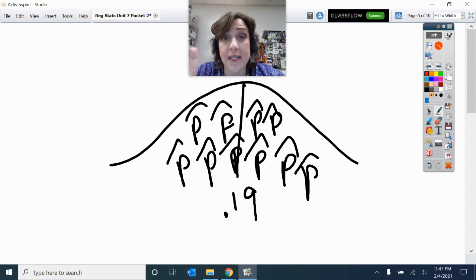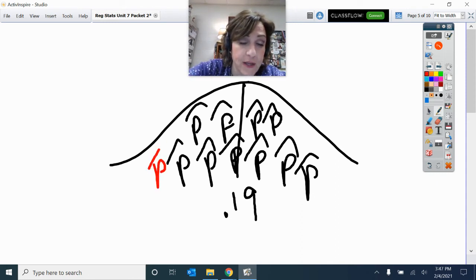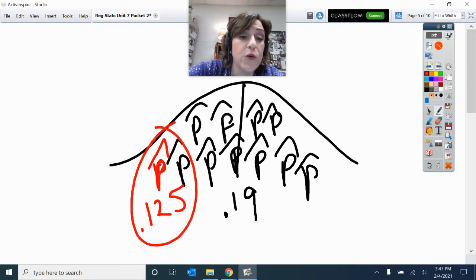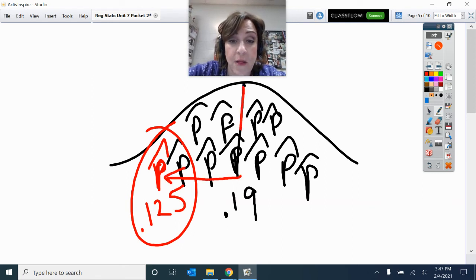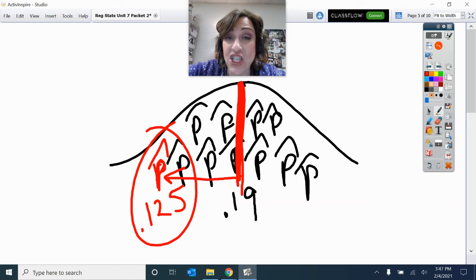But we got this sample here, 0.125. So is this unusual enough that it makes me question whether the samples are really centered at 0.19?